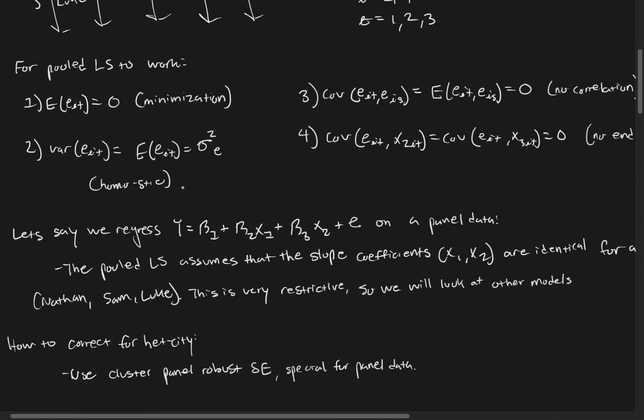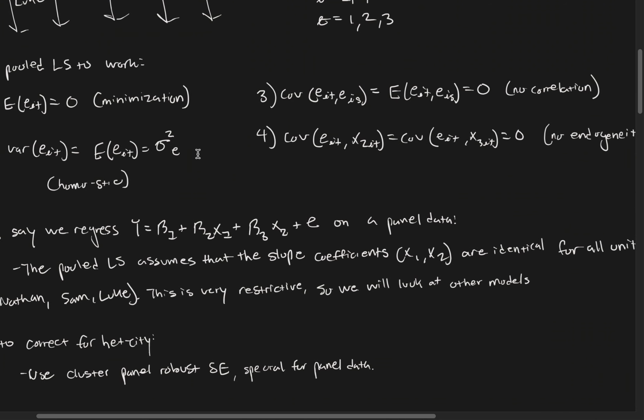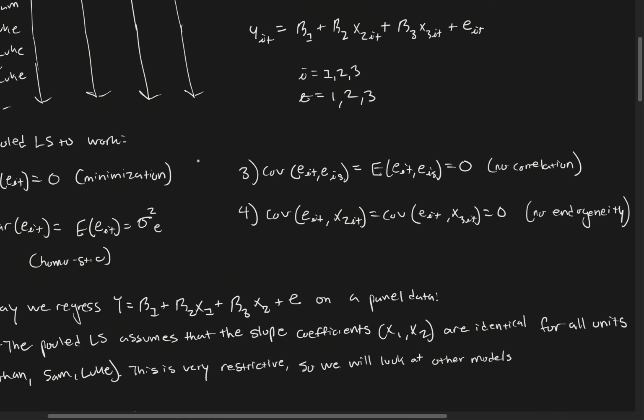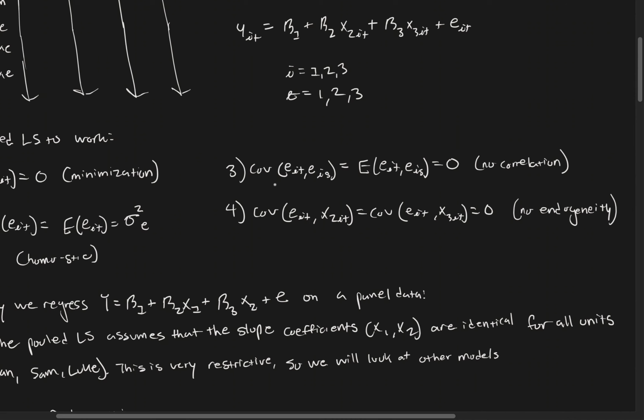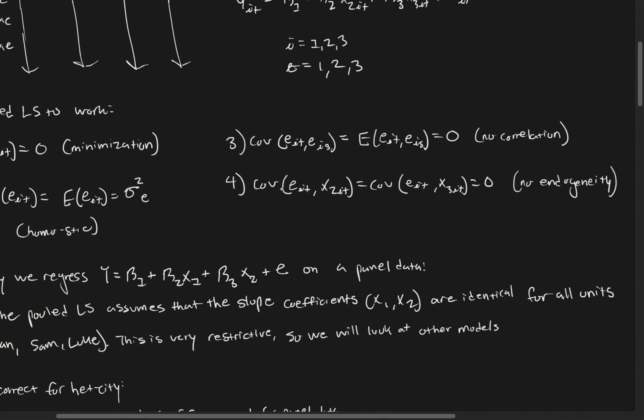The variance must be homoscedastic. The data cannot have correlation. So the covariance of an error of one individual to another, or an error of one time to another, cannot be related. And of course, it cannot have endogeneity.